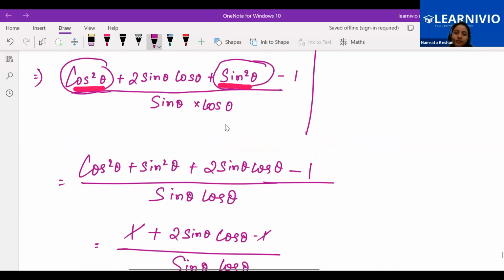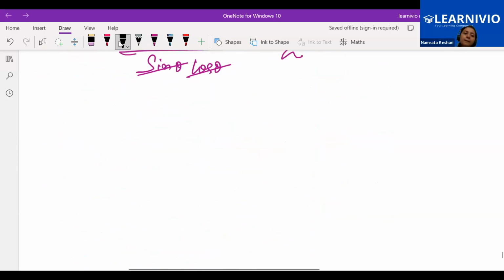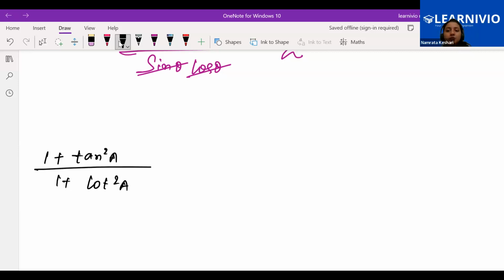So let's say we have 1 plus tan square A over 1 plus cot square A. I'm giving you 2 minutes. Think about it and let me know what to do over here.